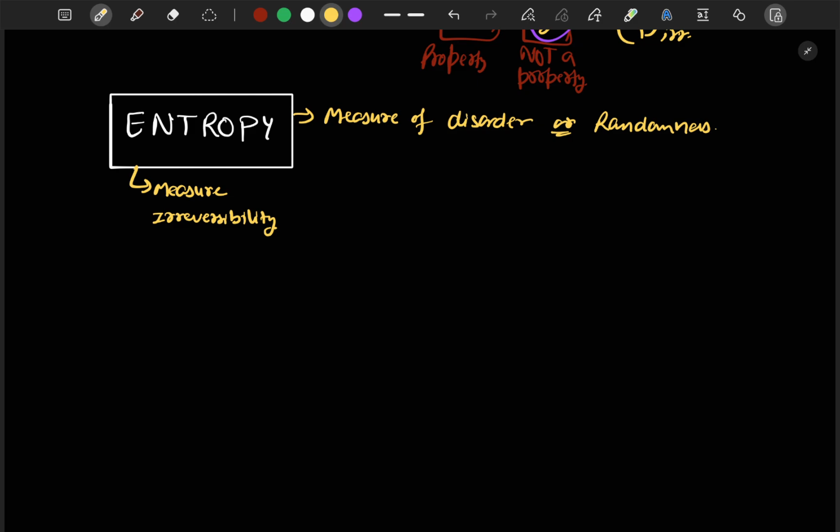Entropy also gives us the direction of heat flow. Naturally heat flows from the hot end to the cold end, so entropy tells us which direction the heat will flow. We also use entropy to tell the direction of a process.